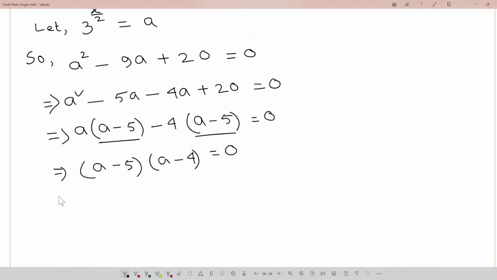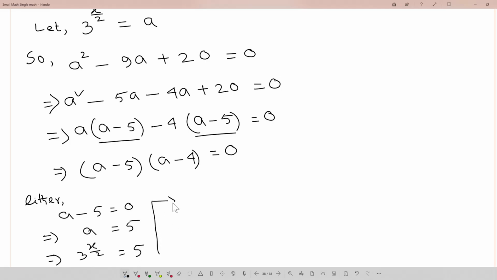Now we can write either a minus 5 equals 0, so a equals 5. So a was 3 to the power x by 2, which equals 5.